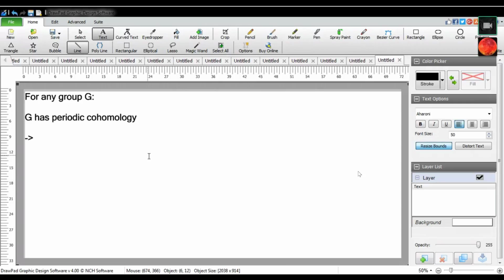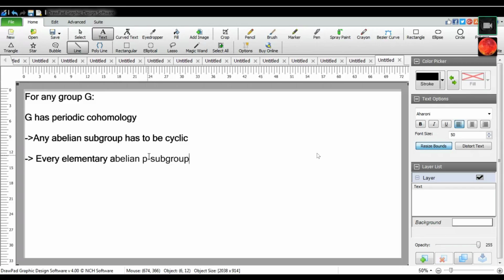Yes, okay, nice. So for any group G we can follow, if G has periodic cohomology, then any abelian subgroup has to be cyclic. From this we can follow every elementary abelian P subgroup of G has rank at most 1.